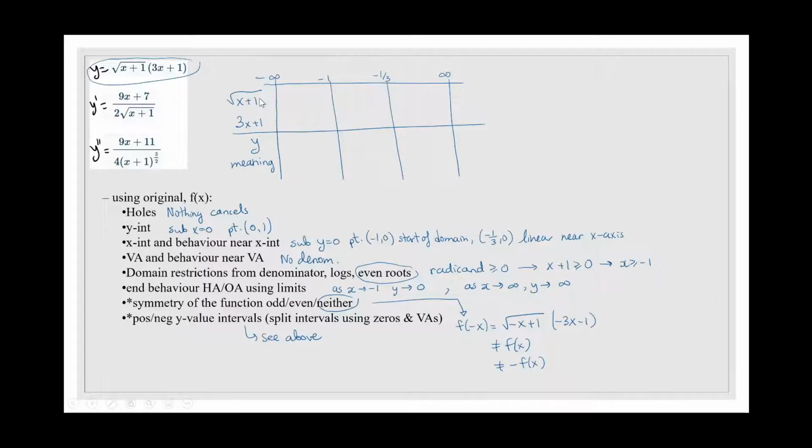And then once we have each portion filled in, we want to know what it is overall for the y value. So first of all, you'll know that these values are not in the domain, so we're going to scrap them out. If you were to plug in any number in between here, you will always get a positive under the root, because otherwise it would not be defined. So it's positive for both of these intervals.